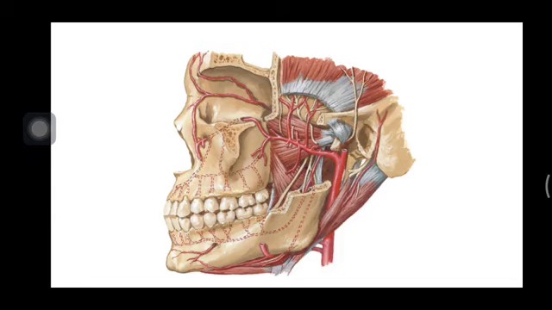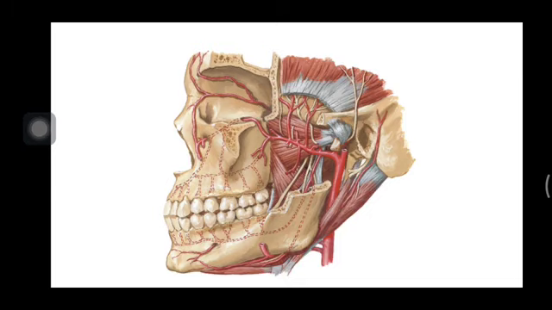At the upper border, this is the upper head of the lateral pterygoid and this is the upper border region. At this region, you can see the deep temporal nerves emerging and the masseteric nerve also emerging at the upper border of the lateral pterygoid muscle.